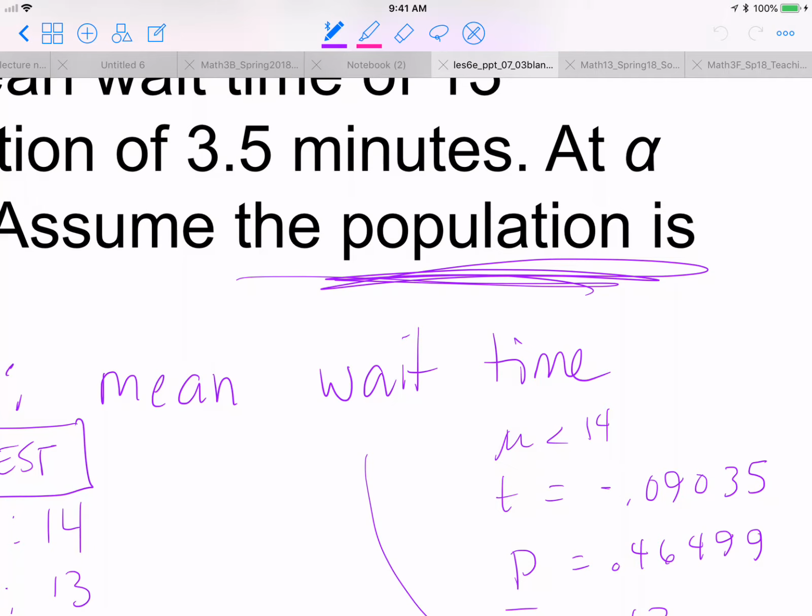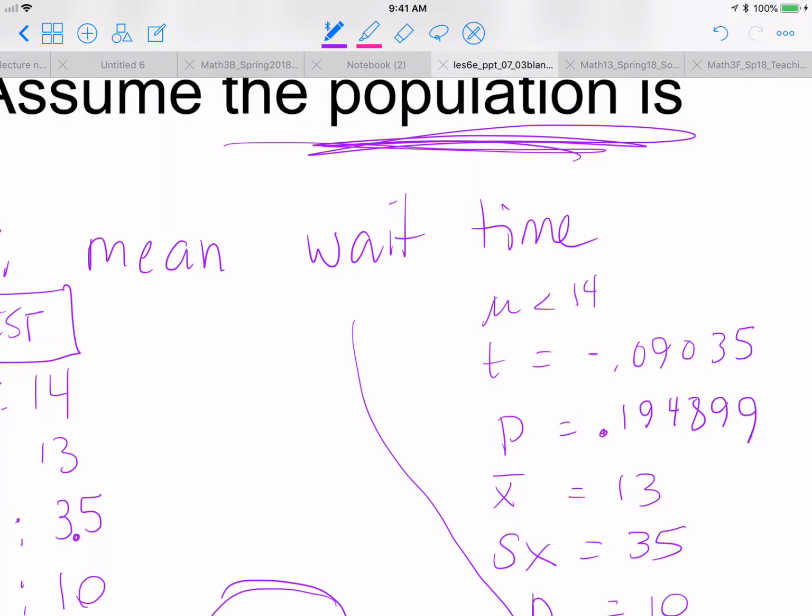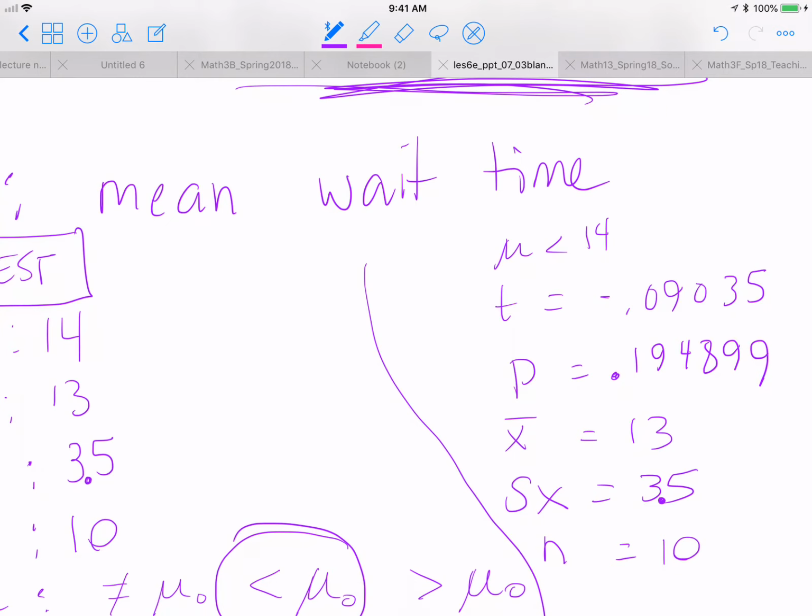That's still the same. My p is 0.194899. And x bar is 13, sx is 3.5, and n is 10. Okay, this is more reasonable. This is a probability of about 19.5%.